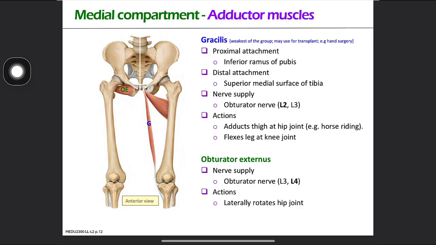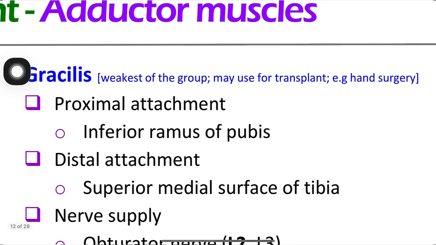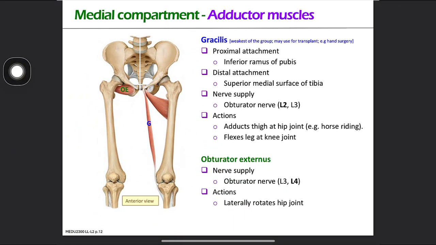So this gracilis is the weakest of the group. I checked some literature, and many of them refer to this muscle as a potential transplant muscle, say for hand surgery transplantation. They harvest the gracilis muscle, right? So the same proximal attachment.